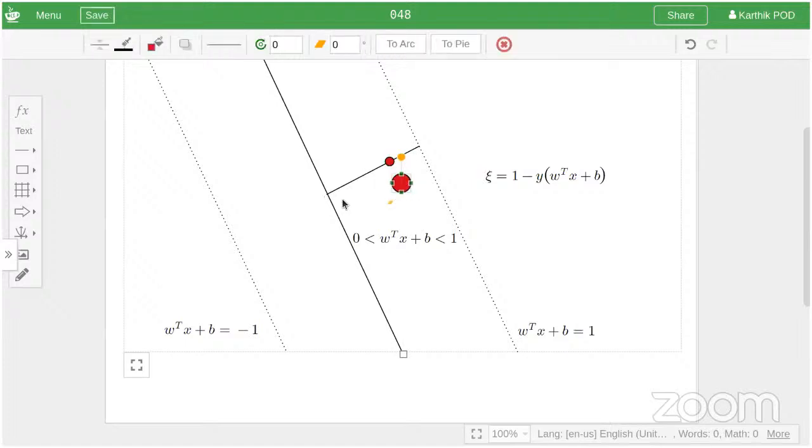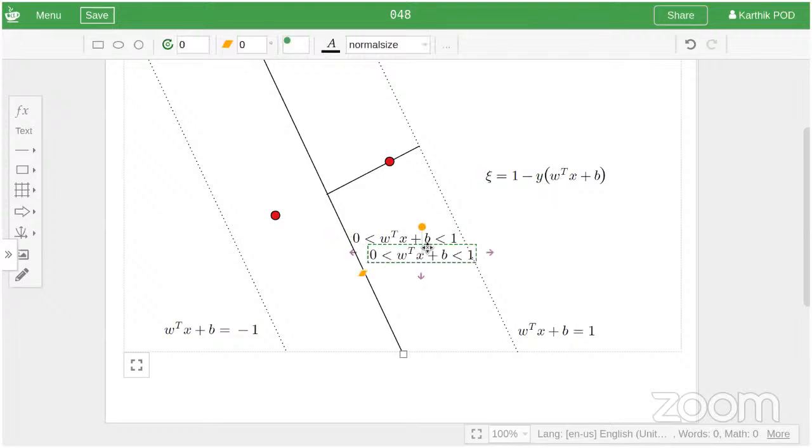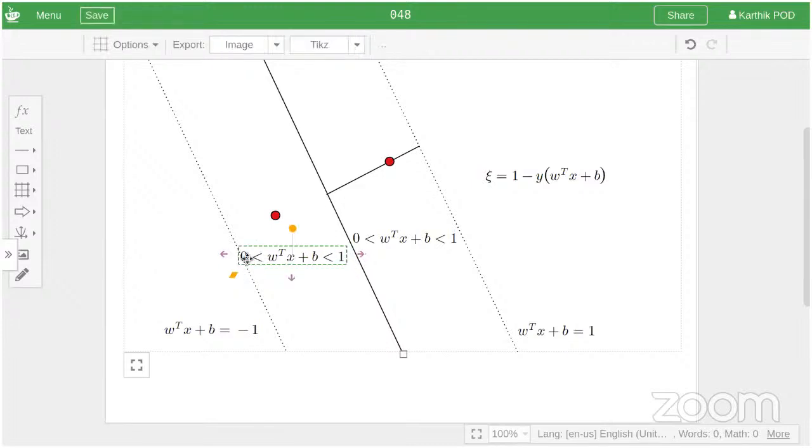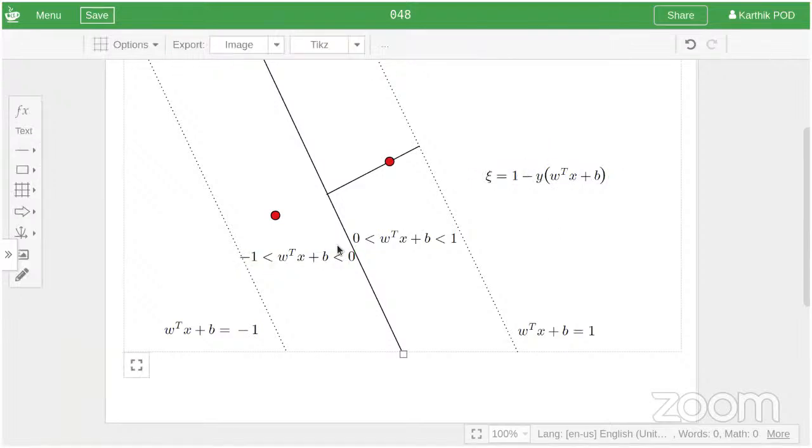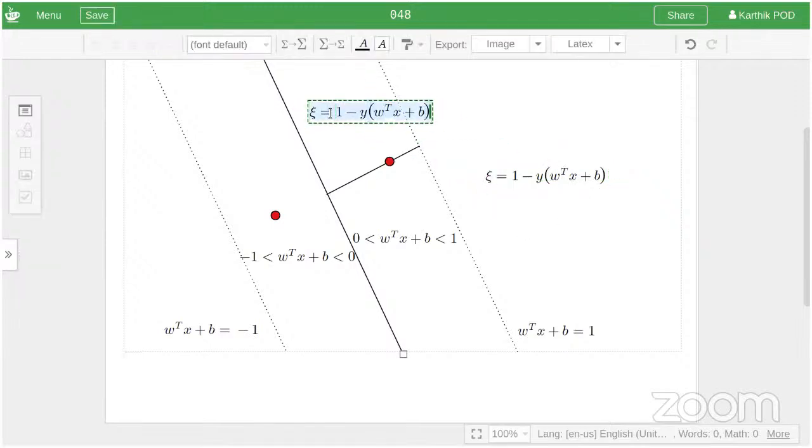The moment it steps in, the moment it comes here, yi is still 1. But w transpose x plus b becomes what? Becomes negative, right? So this becomes -1. Right? So therefore, this becomes positive. So this gets added, as you said. So just to summarize, this region is 0 less than psi less than 1.